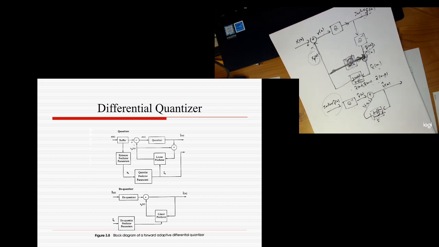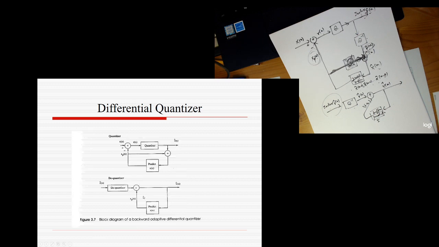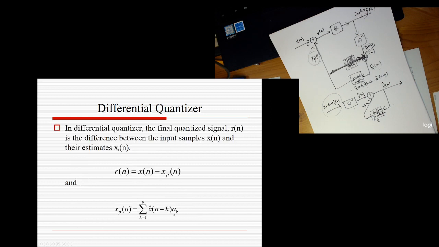Okay, this one is a little bit more complicated. You can see here what we call the original one is the differential quantizer, and then here we try to do the linear prediction. You can see here we have a coefficient.